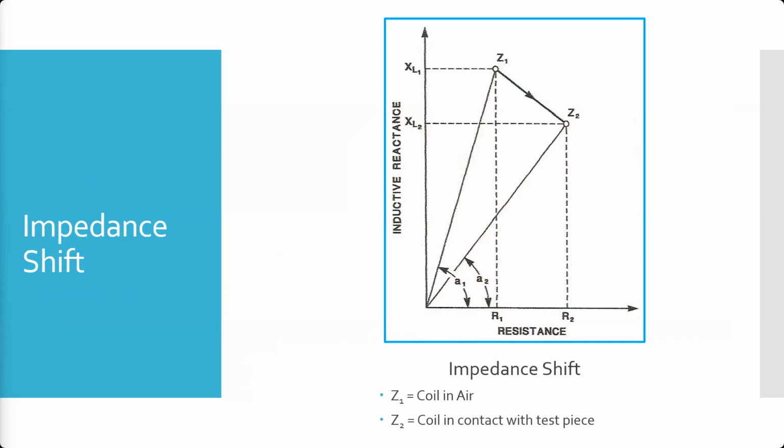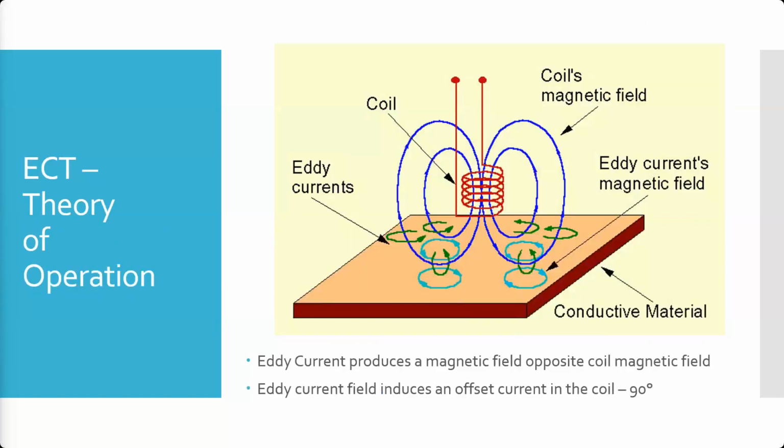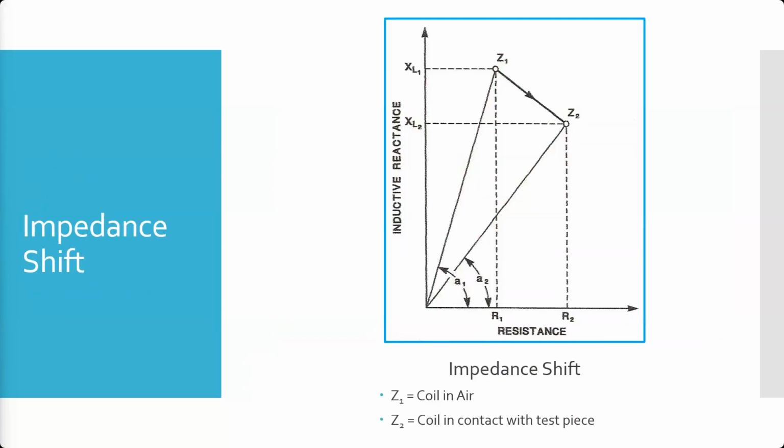The things that are taking place with all these magnetic fields, where the magnetic field formed by the eddy currents is pushing back on the coil's magnetic field, that is the inductive reactance right here on the y-axis. And again, that pushback is not immediate, it's delayed 90 degrees in phase.